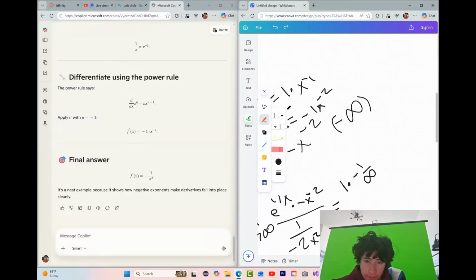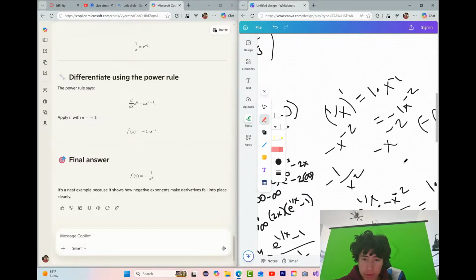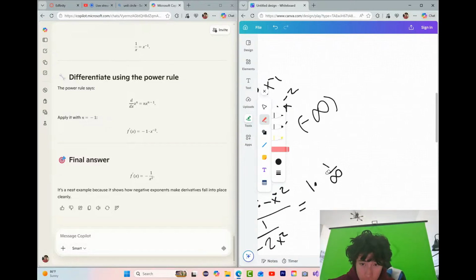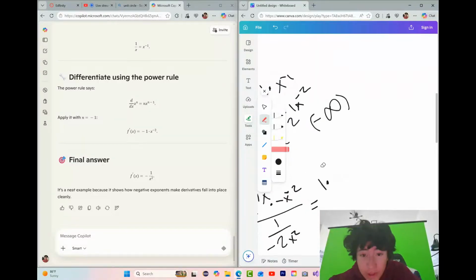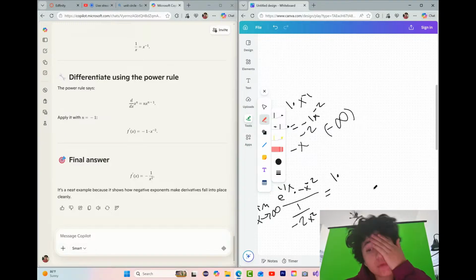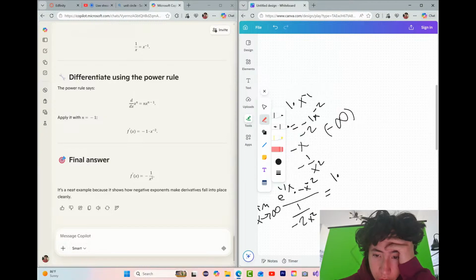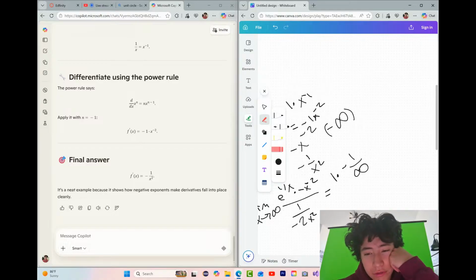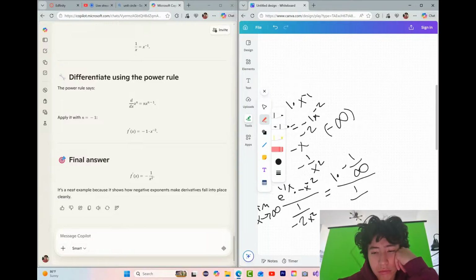So now, what do we do? This is also equal to negative 1 over x squared. Right. So 1 times negative 1 over infinity. Negative 1 over infinity, okay.